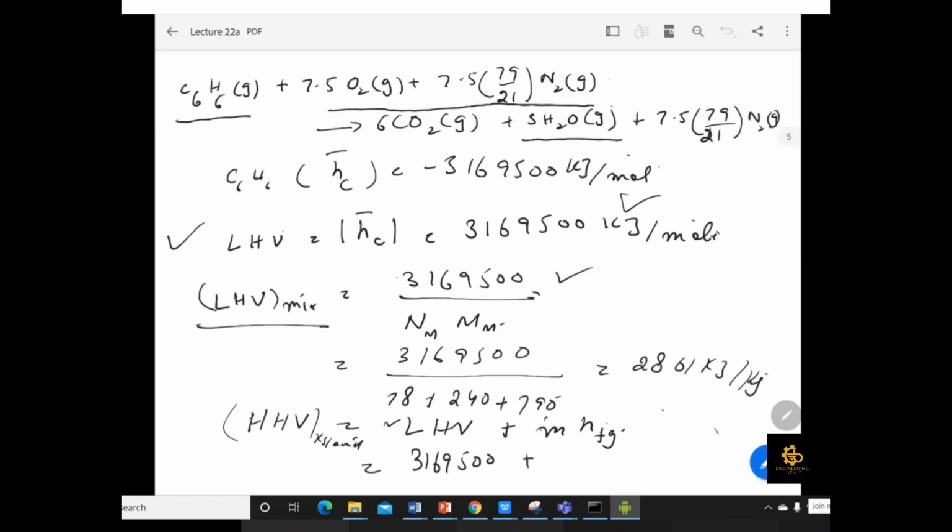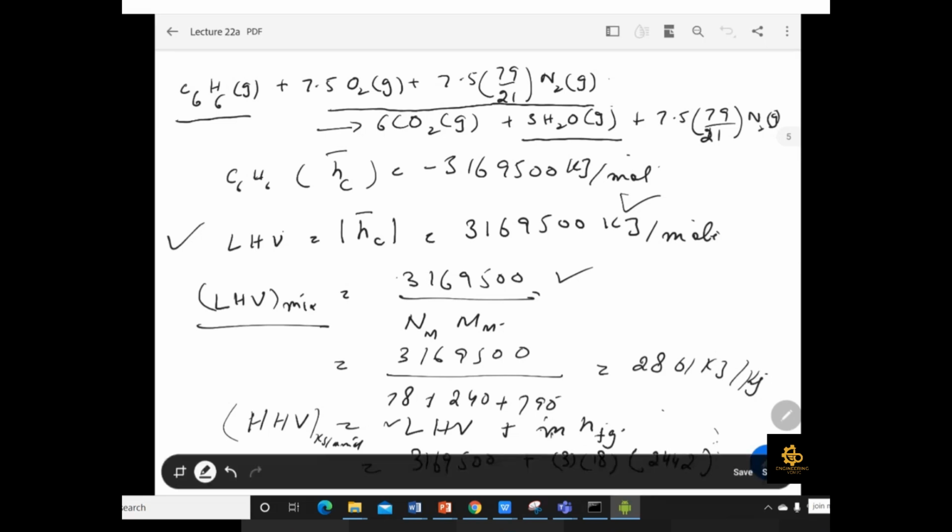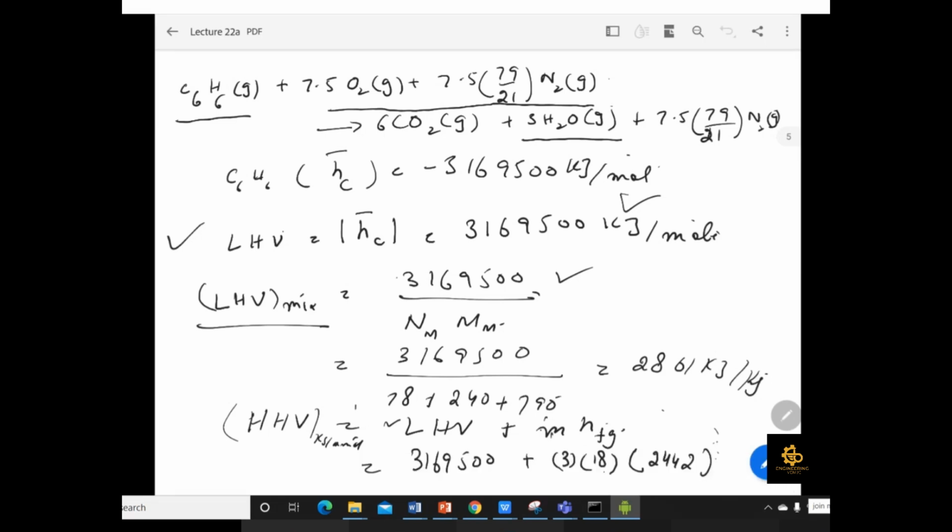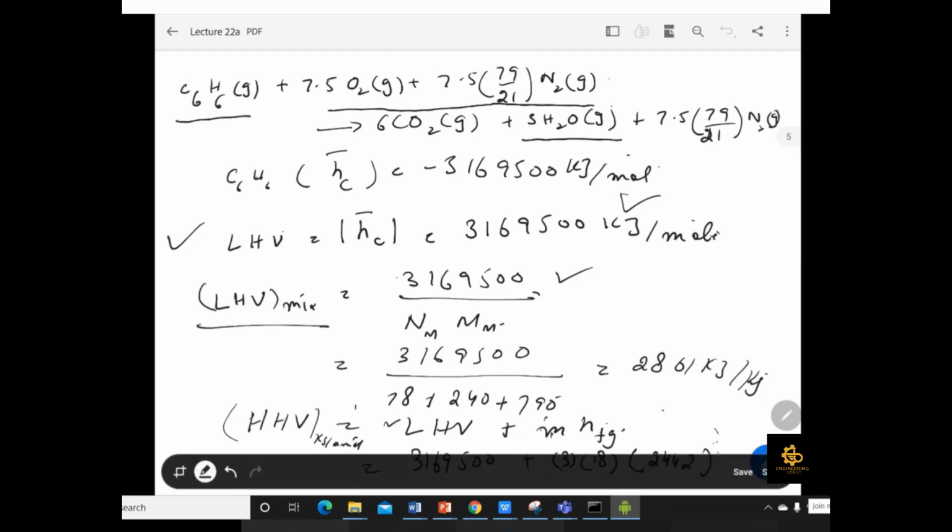3169500, plus the mass, which is 3 into the molar mass of H2O, 18, and the hfg value is 2442, which comes from the thermodynamic table for the water. If you solve it, you will get the higher heating value. You have to note it down, and I will move to the next slide.